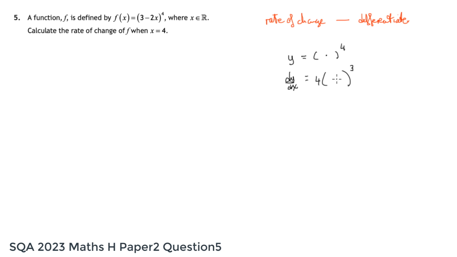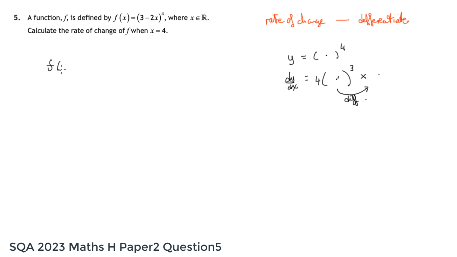However, if we don't have an x in there, we've got something a bit more complicated, then we need to consider an adjustment to this formula, and it means we have to differentiate whatever is inside this bracket. So that adjustment is added. This is what's known as the chain rule.